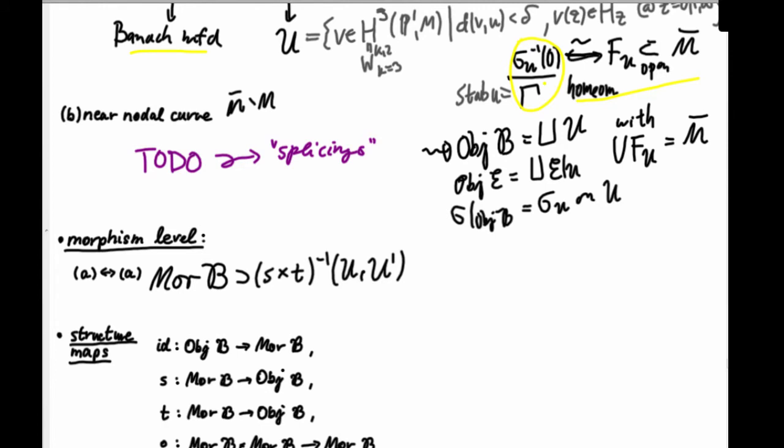So I should identify a map with its reparametrization. So if I have a map v in U and an automorphism phi of CP1, then I should identify that with the reparametrized v composed with phi. That would be my target of the morphism, and so it sits between U and U prime only if this is in U prime.